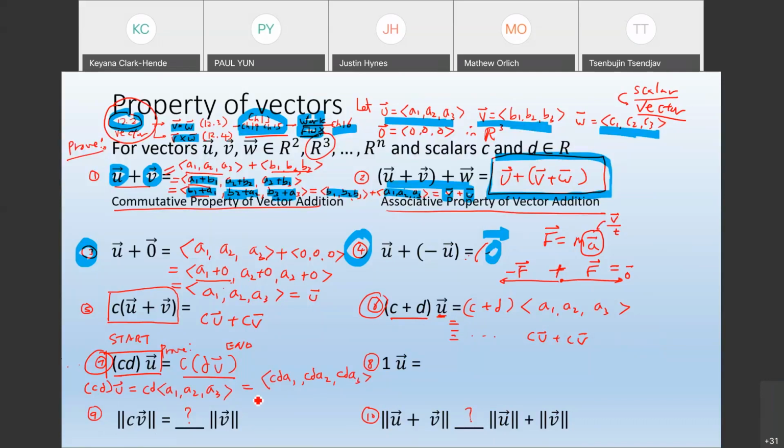And then we kick C out of it, and then C times DA1, DA2, DA3. And what is this? This is C and then DU, something like that. Isn't it obvious?